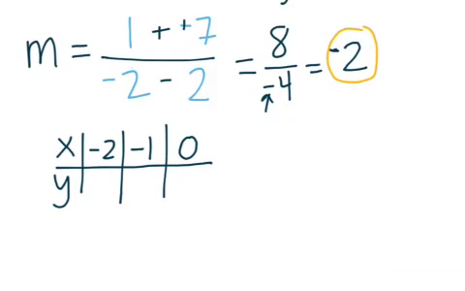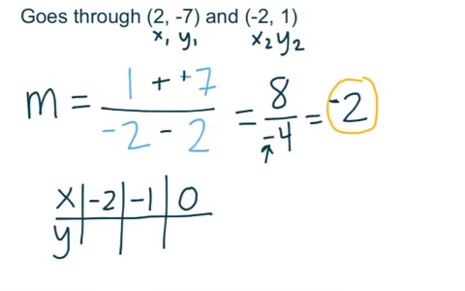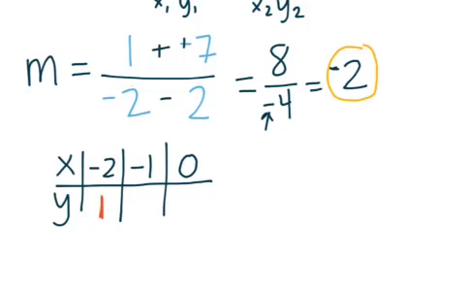So looking at my slope says that I'm going down 2 every time. So in my table, when x was negative 2, so I'm looking right here, when x was negative 2, y was 1. And then my slope tells me the pattern of change is that I'm going down 2 in my y values every time I'm going up 1 in my x values.